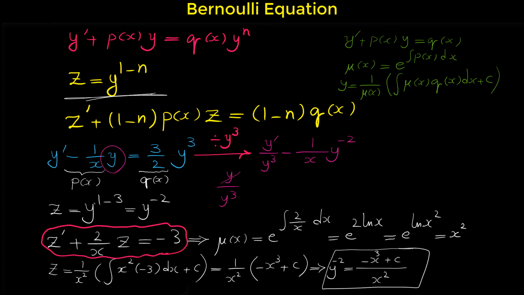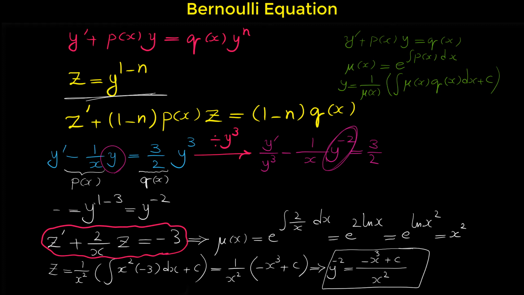If we cancel y with y to the 3, y to the negative 2 remains, because we get 1 over y squared, which if we bring this up, we can write it as y to the negative 2. And if we divide this by y to the 3, we get 3 over 2. Now, based on this substitution, we can replace this y to the negative 2 with z, because y to the negative 2 is z.